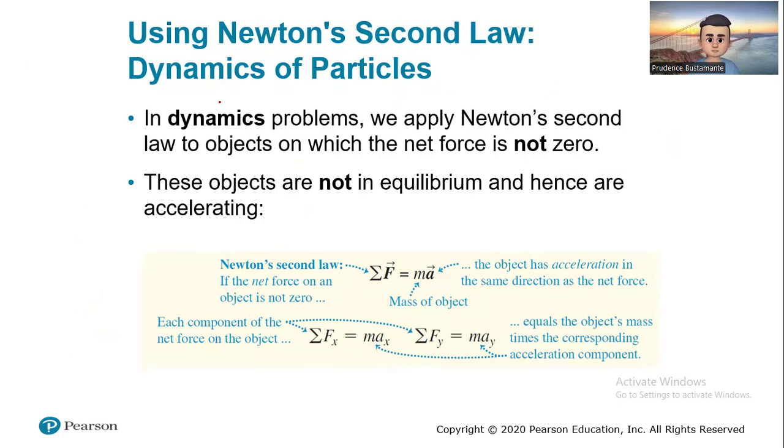So these objects are not in equilibrium and hence are already accelerating. Therefore, instead of putting zero here, we put the mass times acceleration. The same also for the components along x: the net force along x is equal to the mass times acceleration along x, and also for the y component.